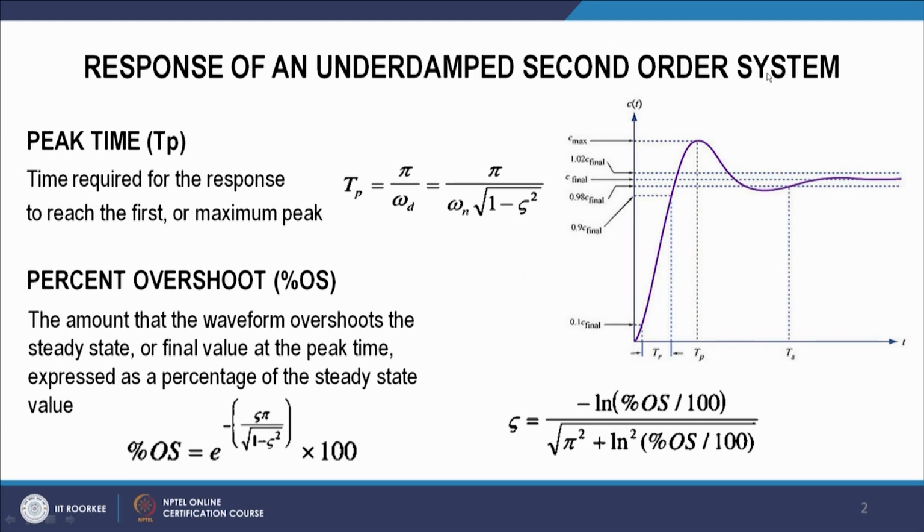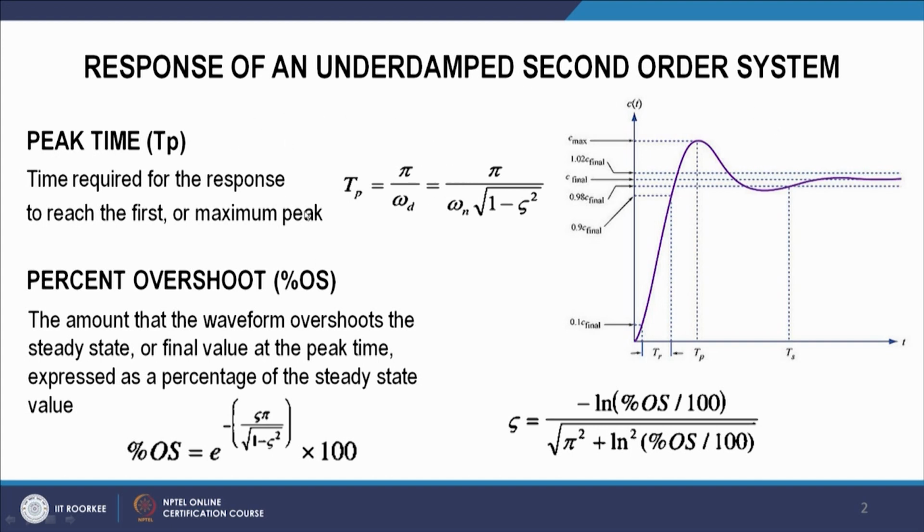So here we can see the maximum peak, this is called peak, and this is the maximum value of the response. Then there is the overshoot value, that is how much this maximum response rises with respect to the final value.